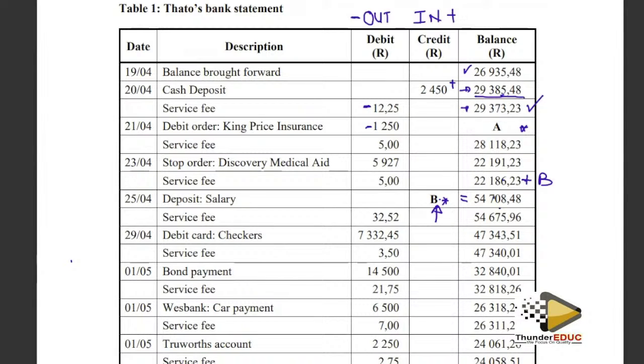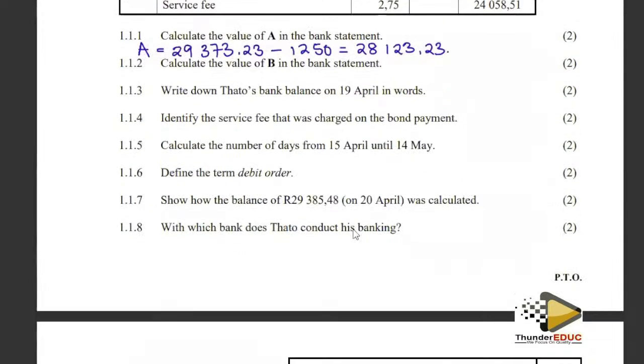So still we are going to subtract. But what are we subtracting? So B will equal to the balance of 54,708 rand 48 cents minus the previous balance of 22,186 rands 23 cents.